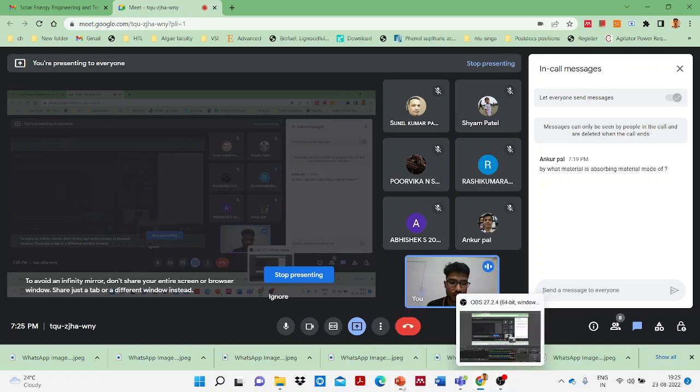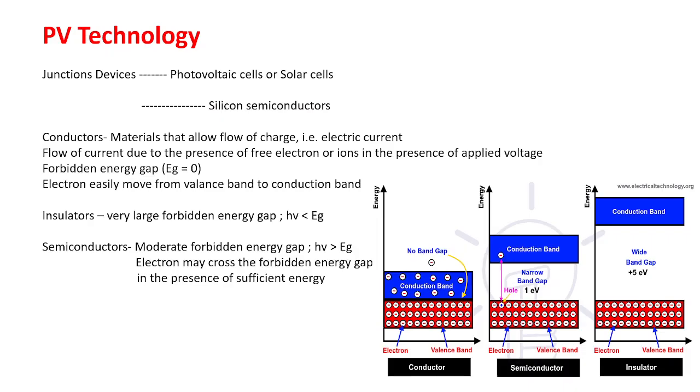Further, when we see any material, there are two kinds of stage: one is the conduction band, another is the valence band. The valence band will always be filled with electrons.